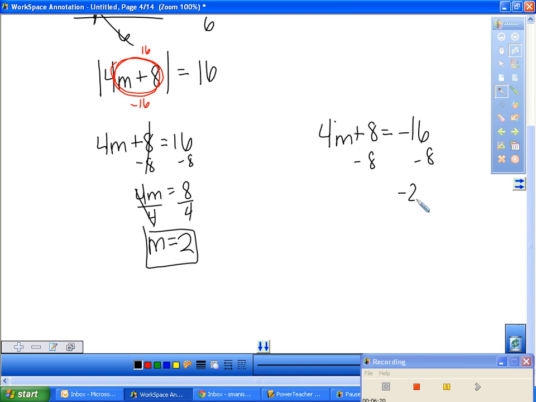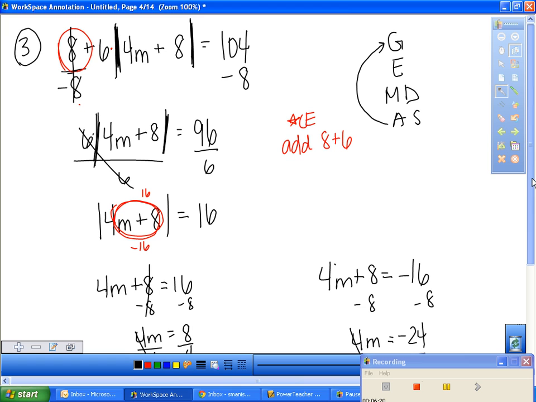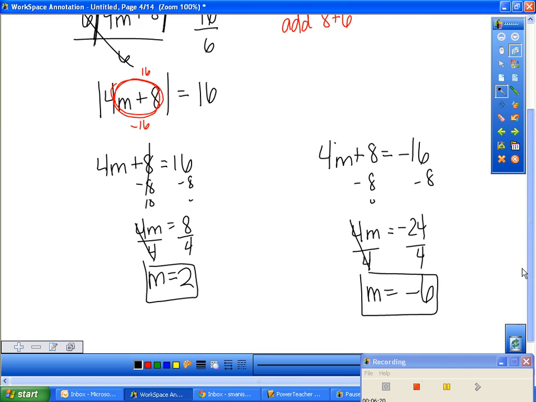I get negative 24. Divide by 4, divide by 4. And m is equal to negative 6 is another solution. And we could go back and check our work all the way back in the original equation to see that, yes, it does actually give me 104 in both cases.